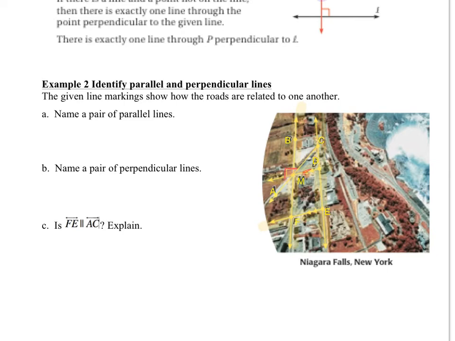Okay, these are your parallel markings there. Alright, so let's look at given line markings show how the roads are related to one another. Name a pair of parallel lines.